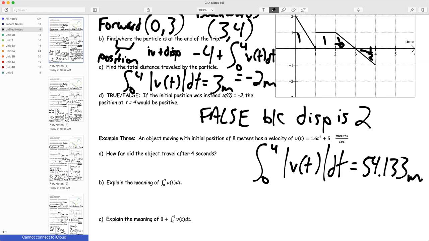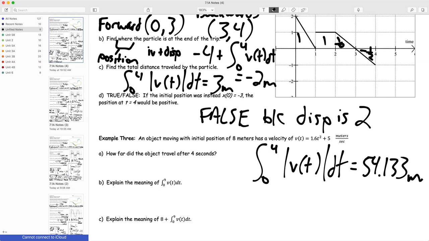It's a quadratic. What does the +5 do to the parabola? It shifts it up 5 units. Therefore, on the time interval from 0 to 4, it is all positive area, right? And it does not turn around. Therefore, the displacement and the total distance traveled in this case are the same.